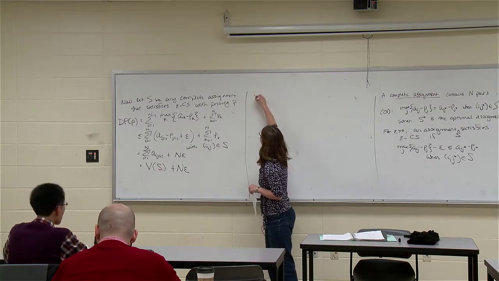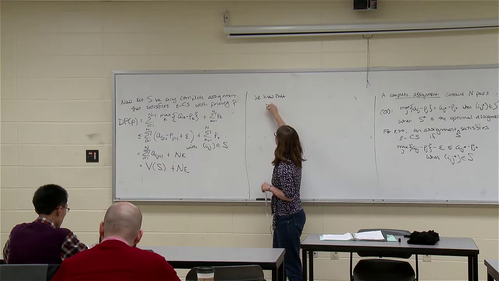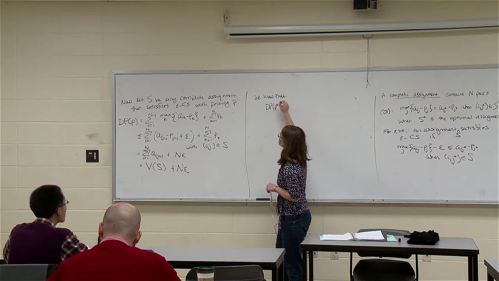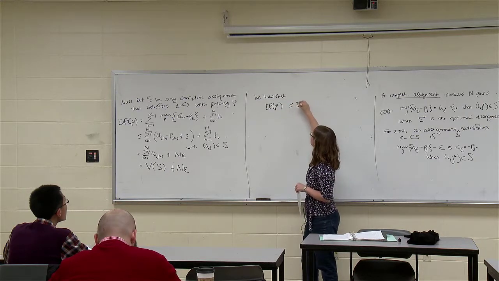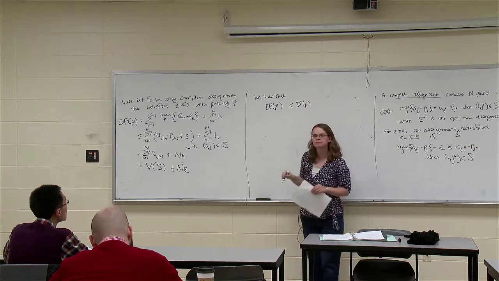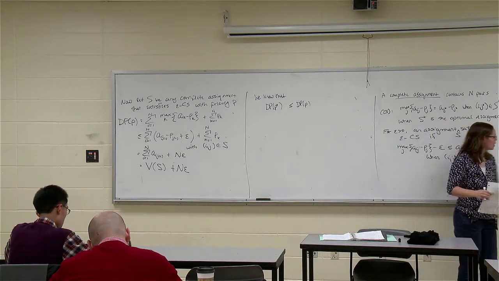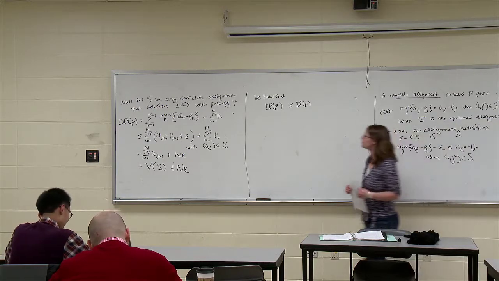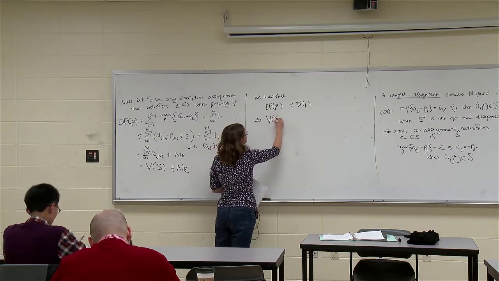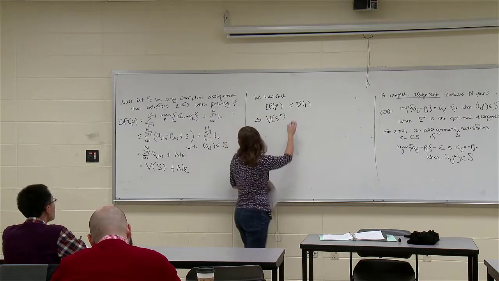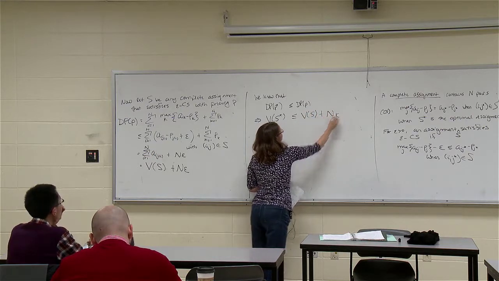So we know that the objective function for the dual problem computed at p star is certainly less than at any other p. And if I substitute in these values, that means that the value of S star is less than or equal to the value of S plus n times epsilon.